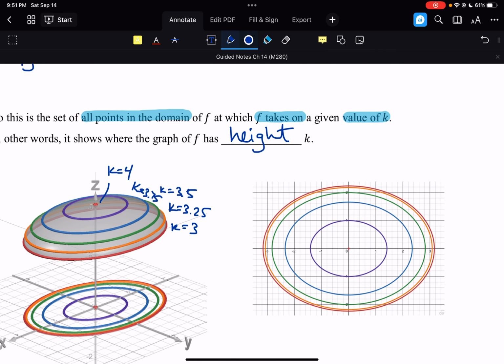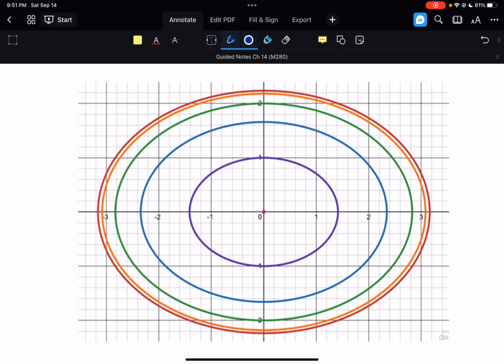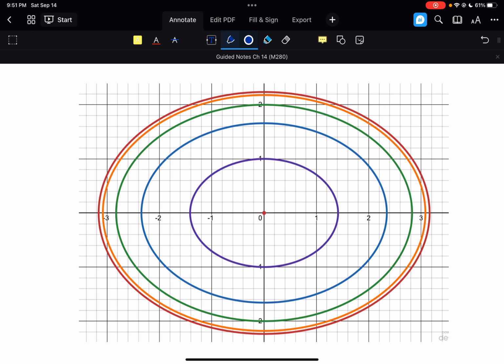So for this contour map, you can see from the k equals 3 curve to the k equals 3.25 curve, there's about this much of a tiny gap in between them. And then we move to the k equals 3.5 curve, and you can see it's a bigger gap between those two. K equals 3.75, and we have an even bigger gap.